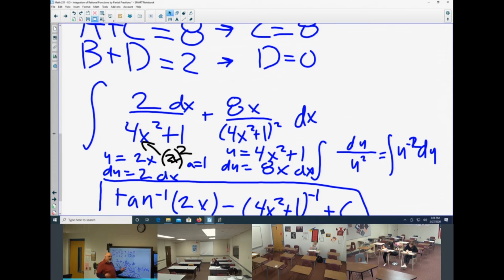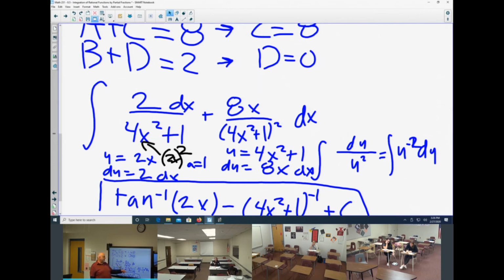Because, see, and I like how you're thinking. I mean, the derivative of this is this. So you would think natural log, but the squared messes you up. So what you do is you do this by u substitution. You let the denominator be your u, and then your du now is the numerator.